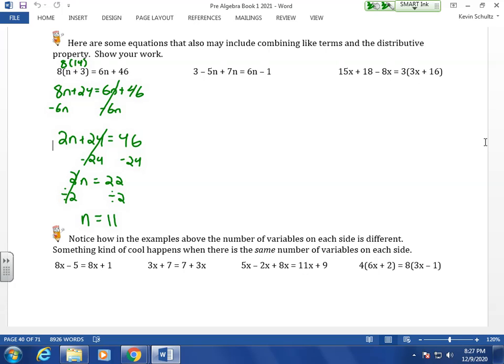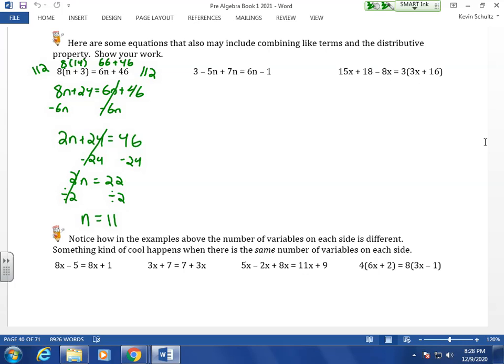On the right side, 6 times 11 is 66. I'm adding 46 to that, okay? Well, 8 times 14 is 112, and 66 plus 46 is 112. So since both sides equal the same thing, I know that I've done it correctly.